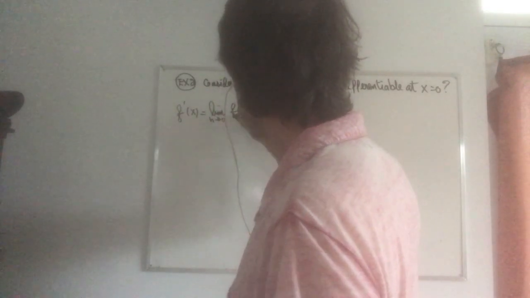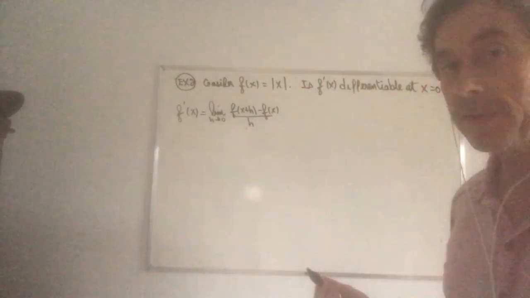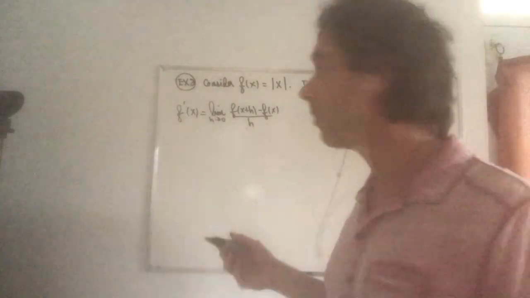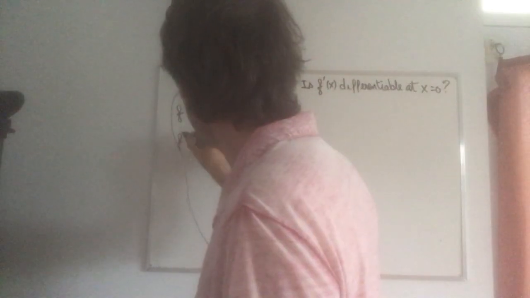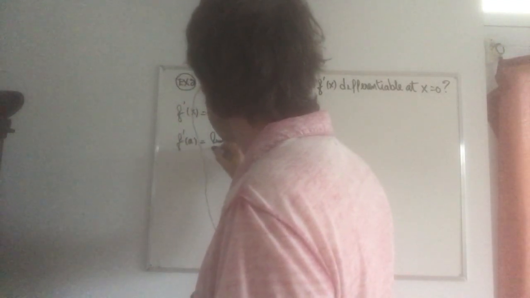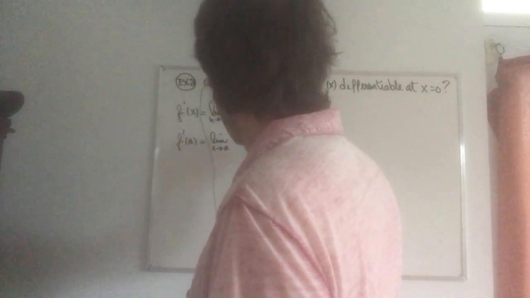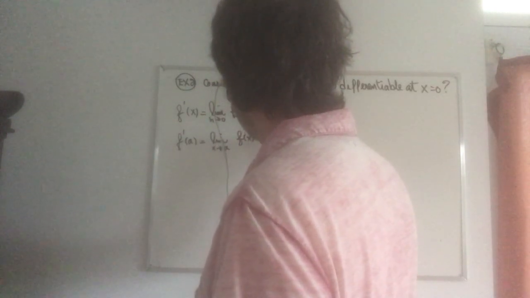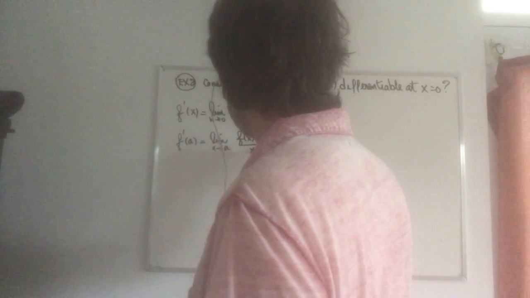We said that this was going to be the way that we actually use most often. There's also another way we saw in the second video on derivatives. It is this one: f prime at a is the limit as x approaches a of f of x minus f of a over x minus a.